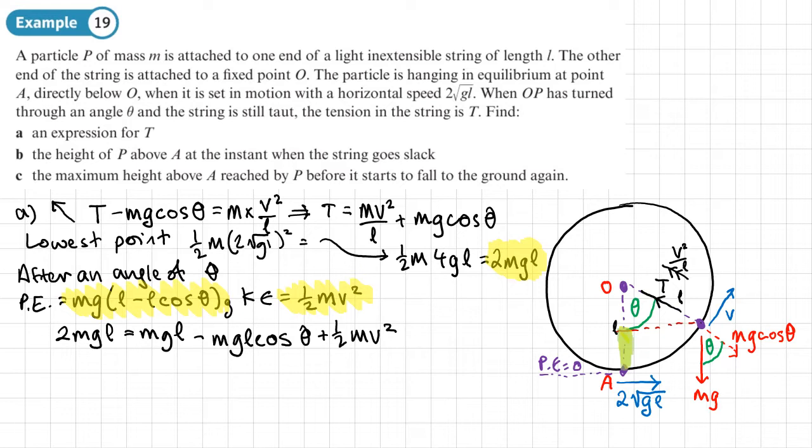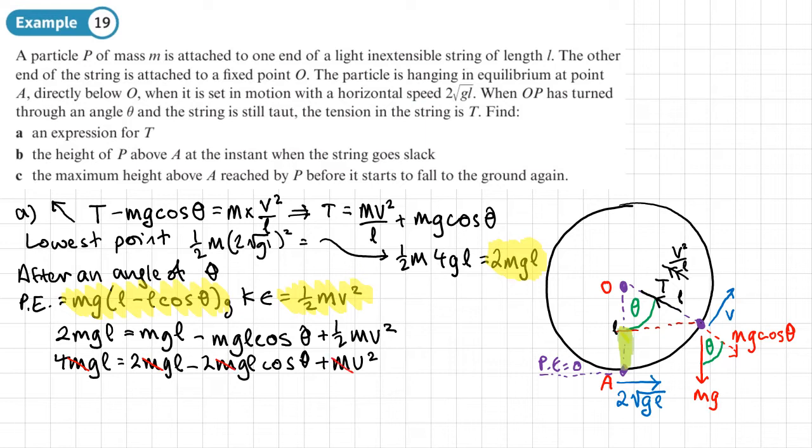I'm going to times both sides by 2 and then rearrange to make v the subject. So if I times both sides by 2, I'm going to get 4mgL equals 2mgL minus 2mgL cos theta plus mv squared. I can divide through by m because every term has got m in it, so those m's go.